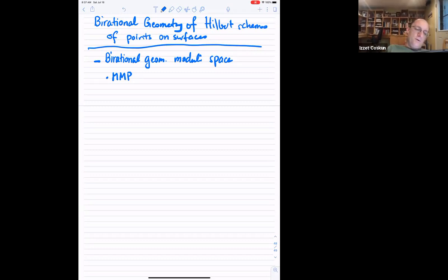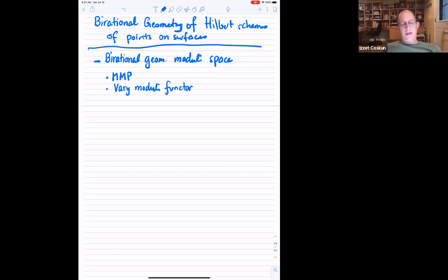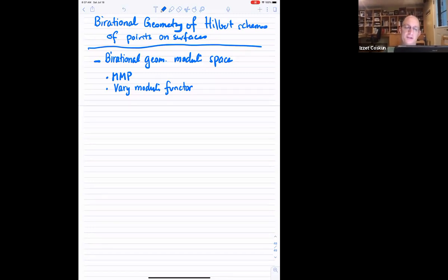The other thing you can do, if you have a moduli functor, is vary the moduli functor. What does that mean? Say you're thinking about moduli spaces of stable curves. The Deligne-Mumford moduli space says you should only allow nodal curves satisfying certain properties as your degenerations.